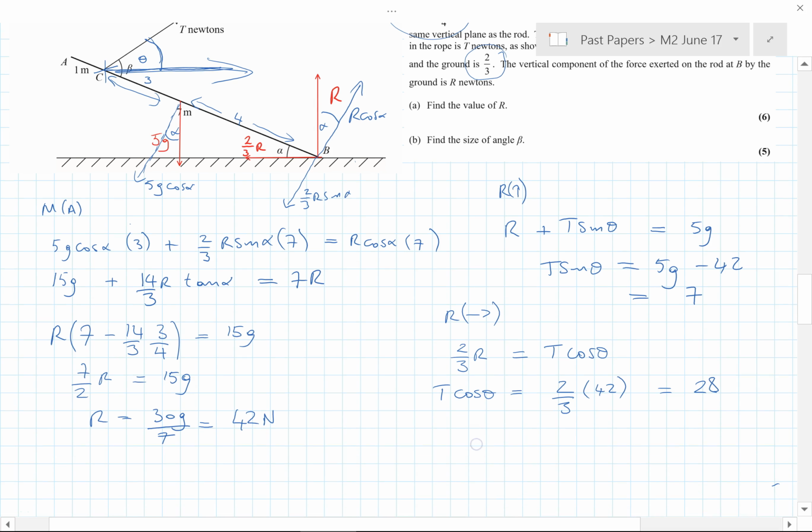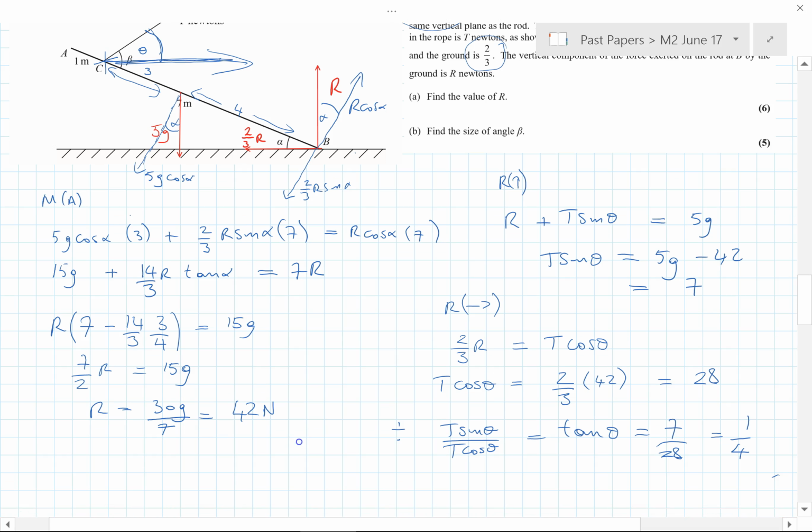So if we divide these two, we'll get t sine theta over t cos theta, which is of course equal to tan theta. Make sure we get them the right way around. That's 7 over 28, which is equal to 1/4. So we can work out theta, but remember, we've done the hard work.